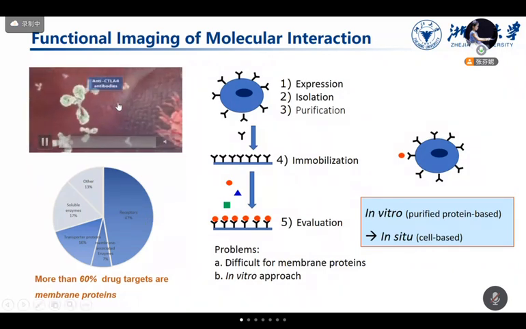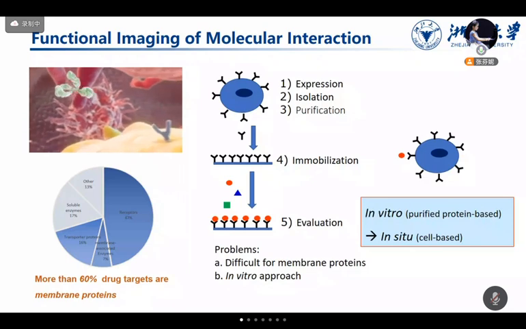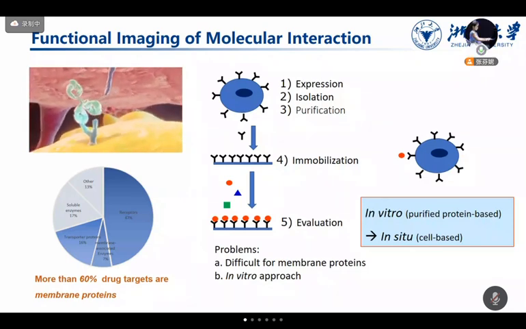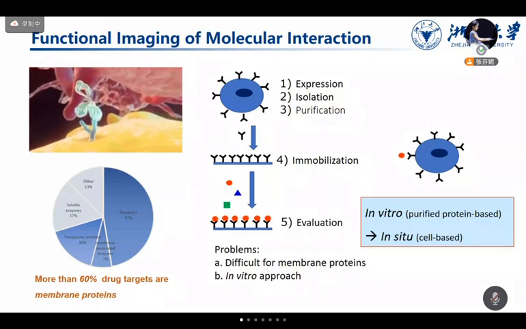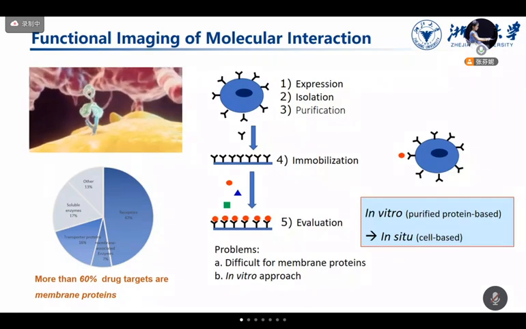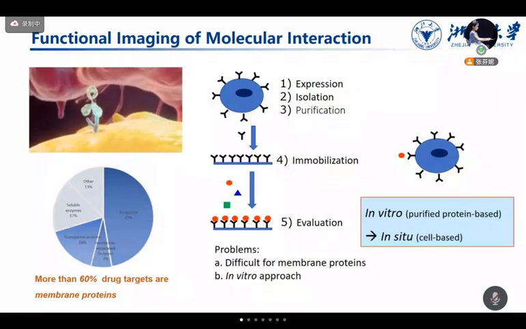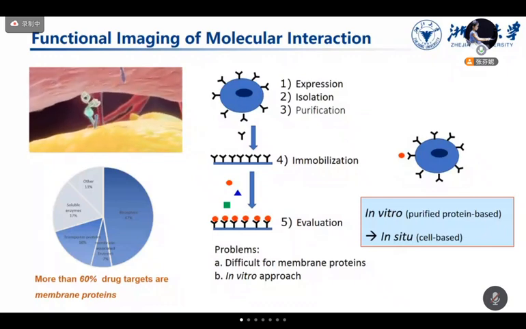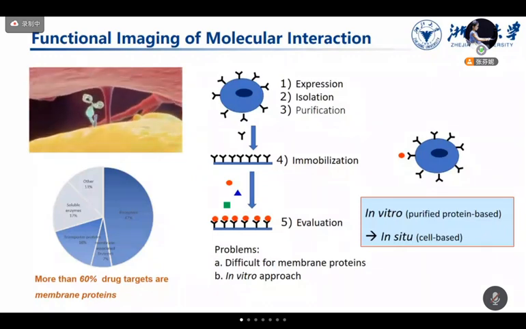Why are we particularly interested in this process? Because the receptor on the cell surface is very important. It is the start of a lot of cell recognition and communication processes. Also, more importantly, it is the target of current drugs. As you can see here, it has been established that more than 60% of drugs target membrane proteins.